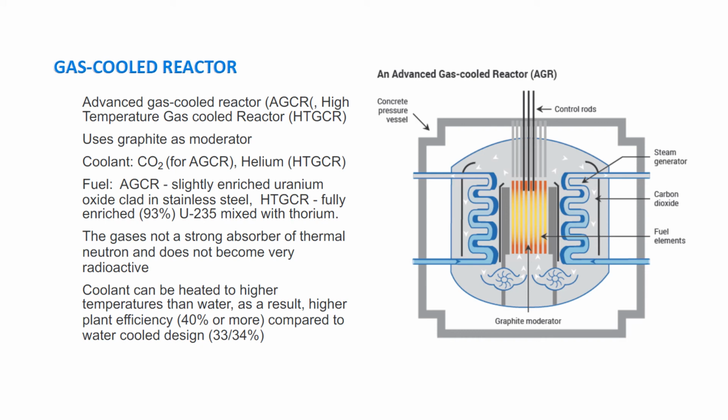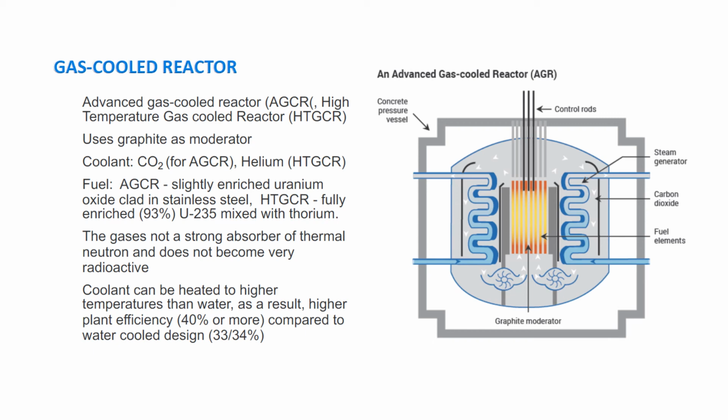Then we also have this gas-cooled reactor. This is an advanced gas-cooled reactor, or your AGCR, and a high-temperature gas-cooled reactor. It uses graphite as moderator. The coolant is carbon dioxide for your AGCR and helium for your HTGCR. The fuel for your AGCR is lightly enriched uranium oxide clad in stainless steel, and for HTGCR, fully enriched 93% uranium mixed with thorium.